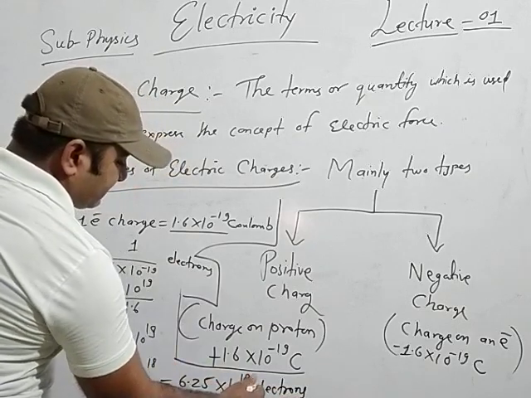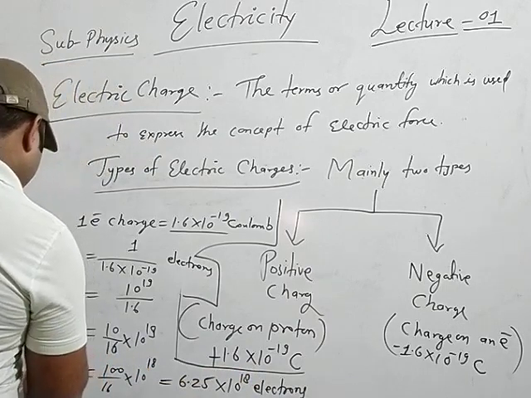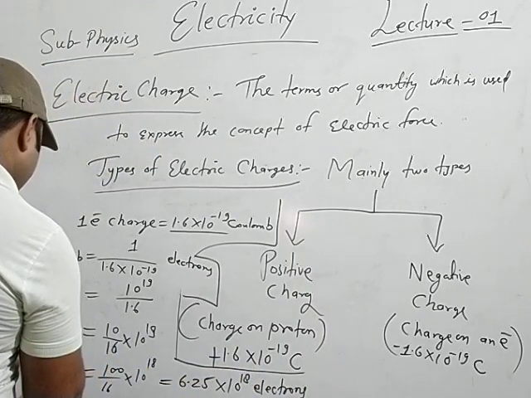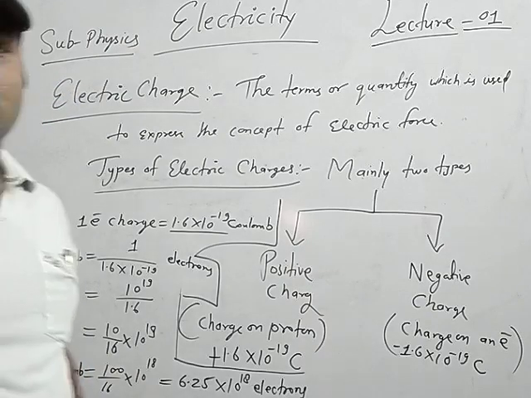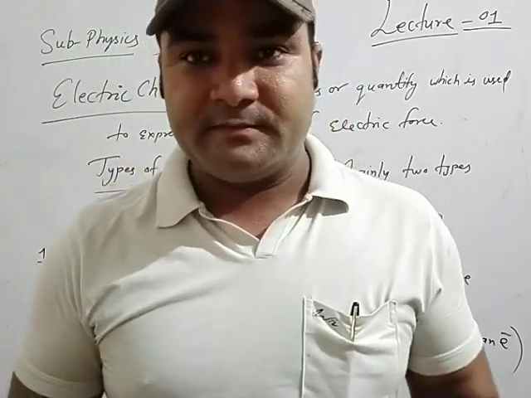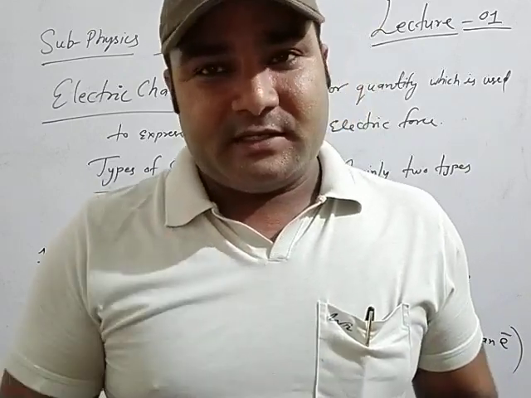This is the concept of the number of electrons in 1 coulomb of charge. Clear? Very simple concept. In 1 coulomb, the total number of electrons is 6.25 into 10 power 18 electrons.